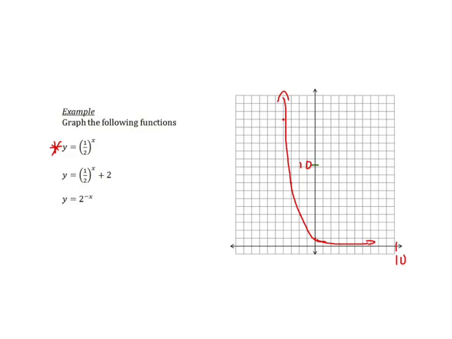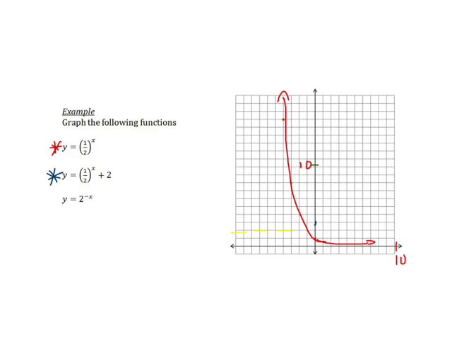So now, what if we add 2? Well, that's just going to move everything up. This is going to take the same points and move them up 2. So all of these go up 2, and now it takes our asymptote up 2.